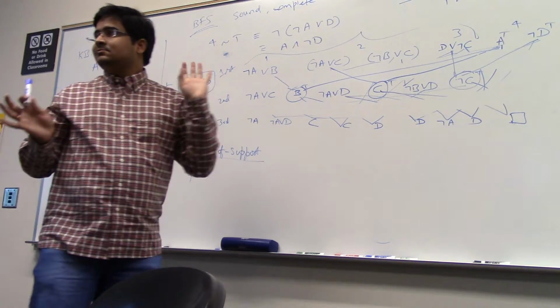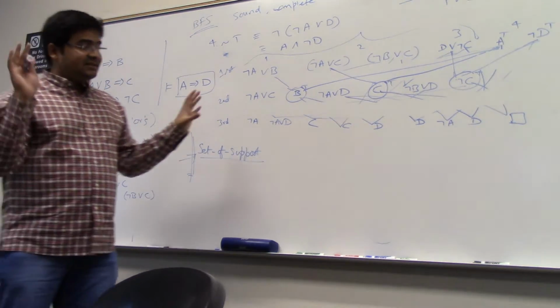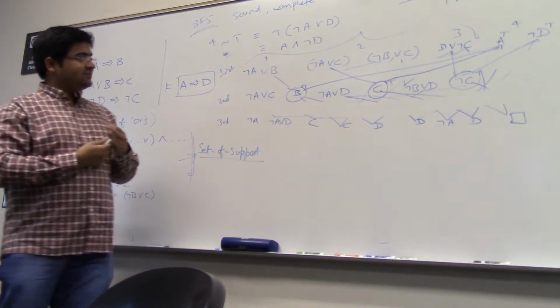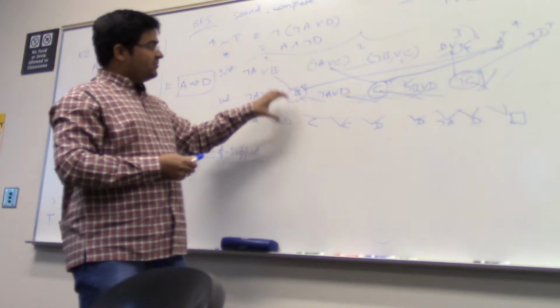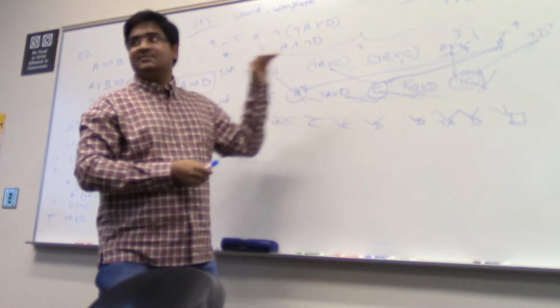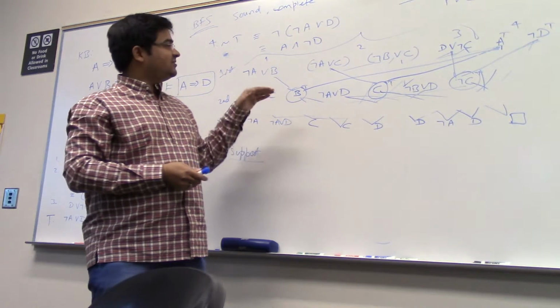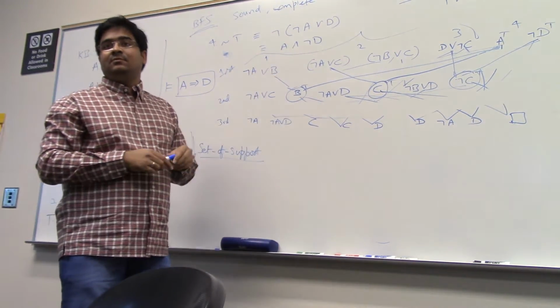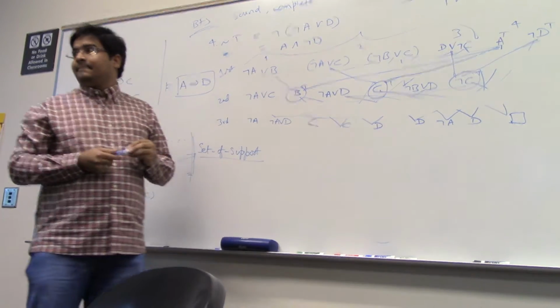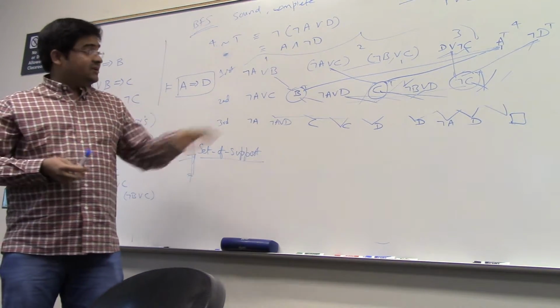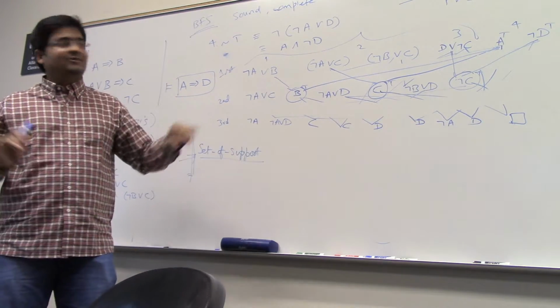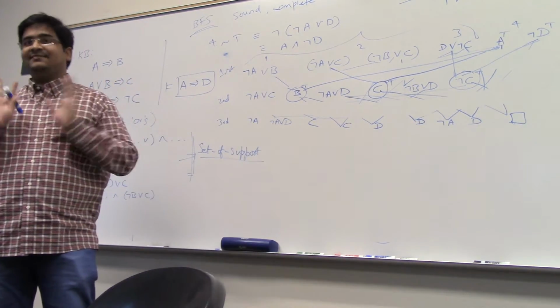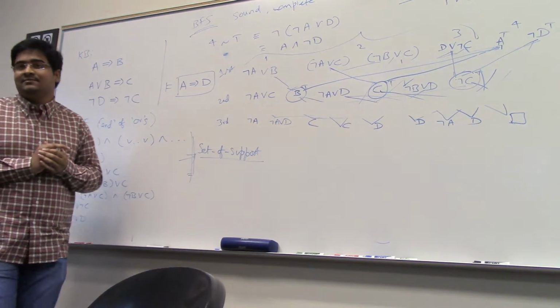The point is you are missing the fact that for level 3, we are not just considering the combinations here. We will also consider the combinations between this and this. But anything you get from this and this will be T. So here onwards, everything will become T. Only the first level will contain something non-T.